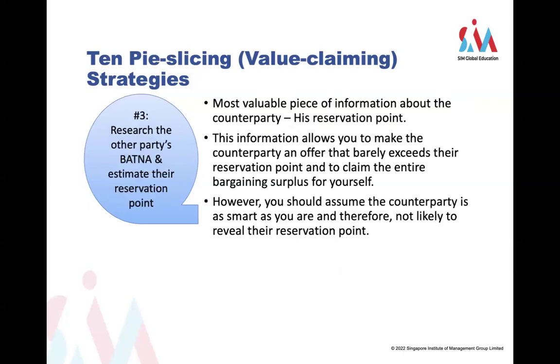Number 3, try to research the other party's BATNA. Now, the other party's BATNA is also your competitors. Try to estimate their reservation point. They are just as smart as you, so they are not going to share this information with you. So what you can do is research and try to find out as much information as you can about the other party.